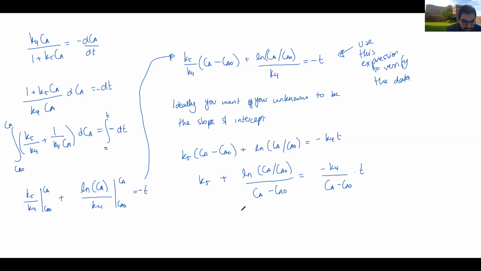let's see. So if I plot this line, so in this case, if I plot this versus t, the slope will be this, and the intercept will be this, right? So basically, let's rewrite this. So I'm gonna get K5 plus ln CA divided by CA naught divided by CA minus CA naught is equal to K4 over CA naught minus CA multiplied by t.